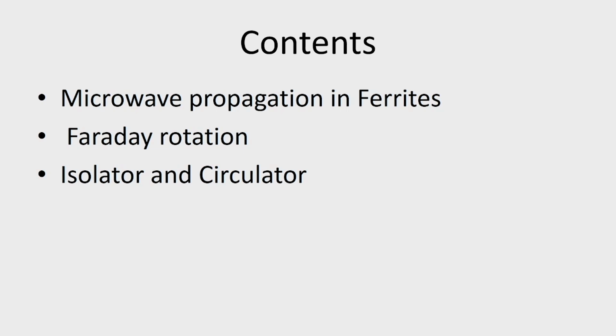Isolator will allow transmission of signal in one direction only, and this type of devices and the circulator, actually it can be a clockwise circulator or a counterclockwise circulator, as we have already mentioned, and it can transmit signal from one port to the next port, other port remaining isolated.